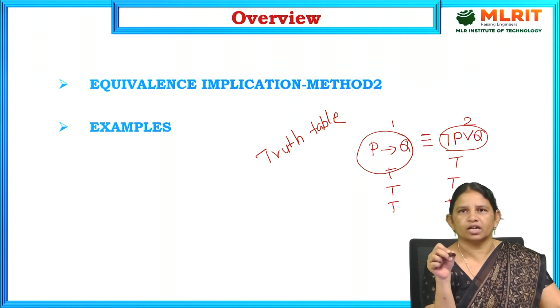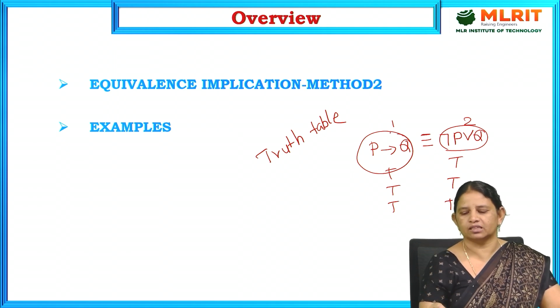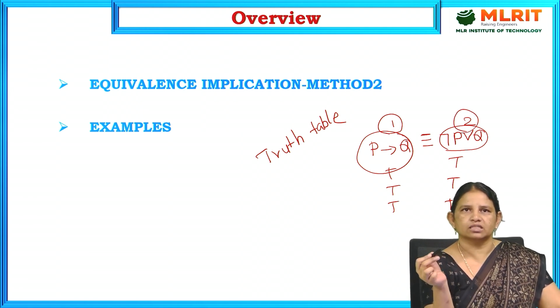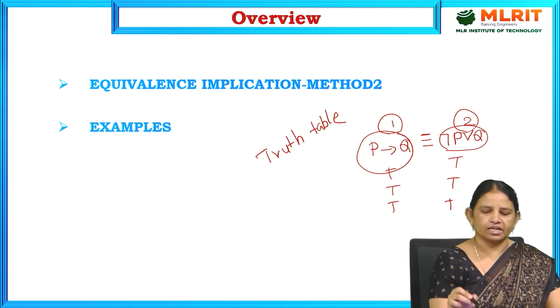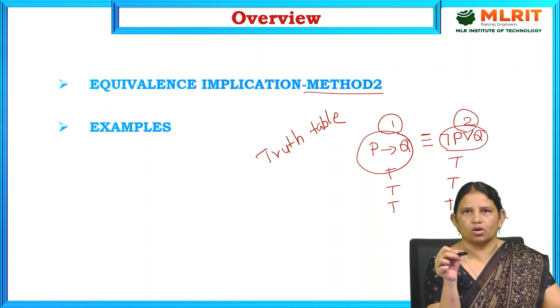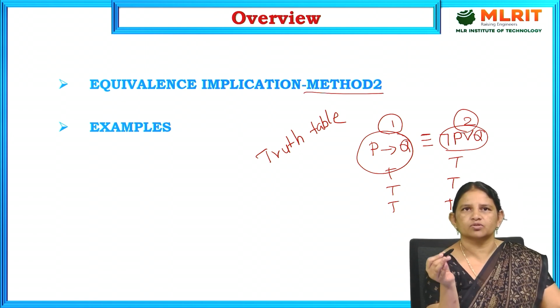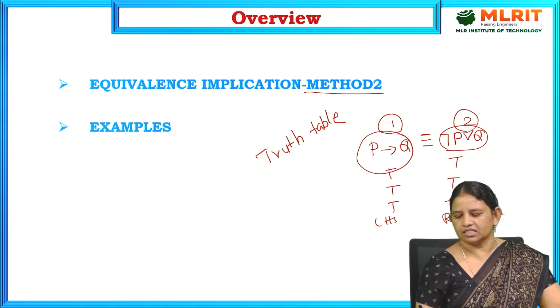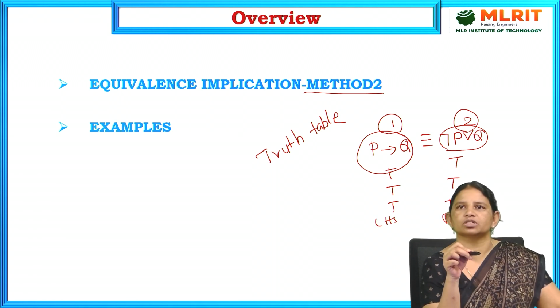With the help of the connectives, we prove whether statement 1 is equivalent to statement 2 based on the truth values. So that is the first method. Coming to the second method, we apply some laws. By applying some laws, we need to prove that LHS is equal to RHS. If LHS is equal to RHS, then the two propositions are said to be equivalent propositions.